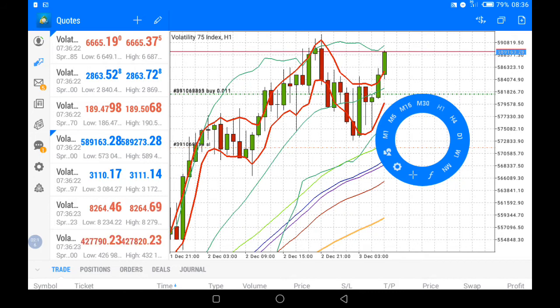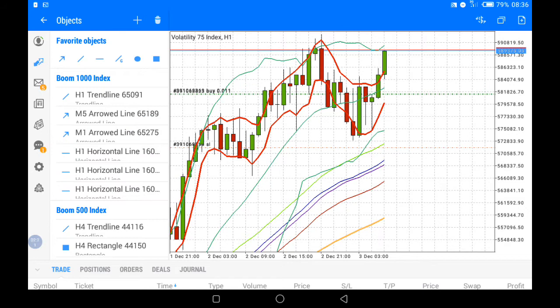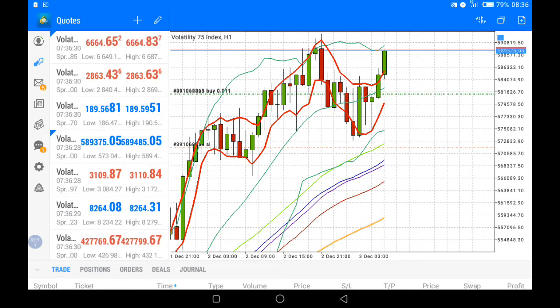I would explain. The signal candle here is this bullish engulfing. You can see the bullish engulfing candlestick pattern.